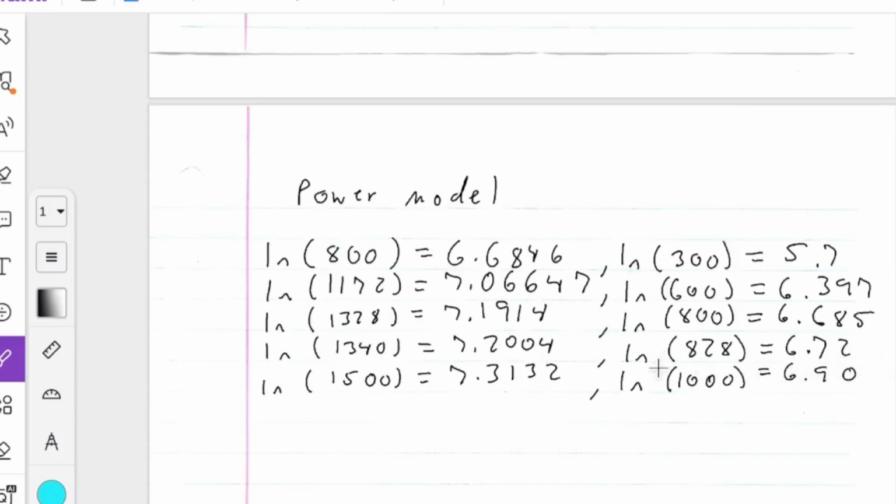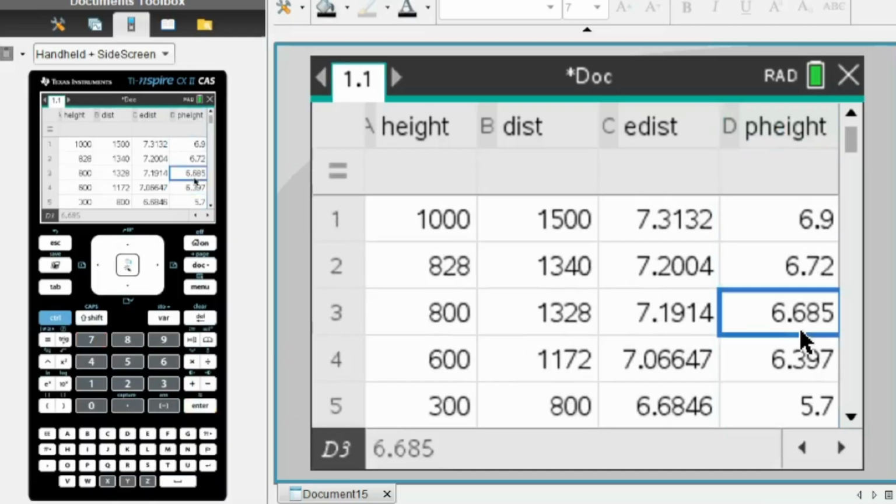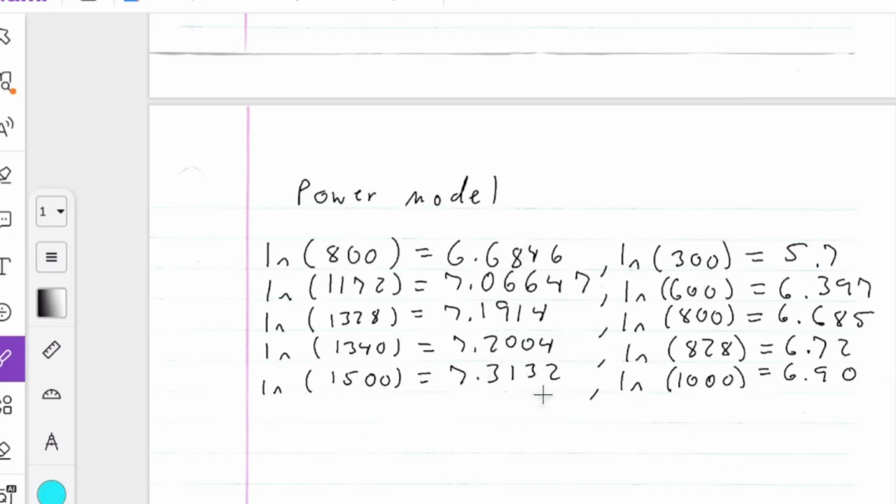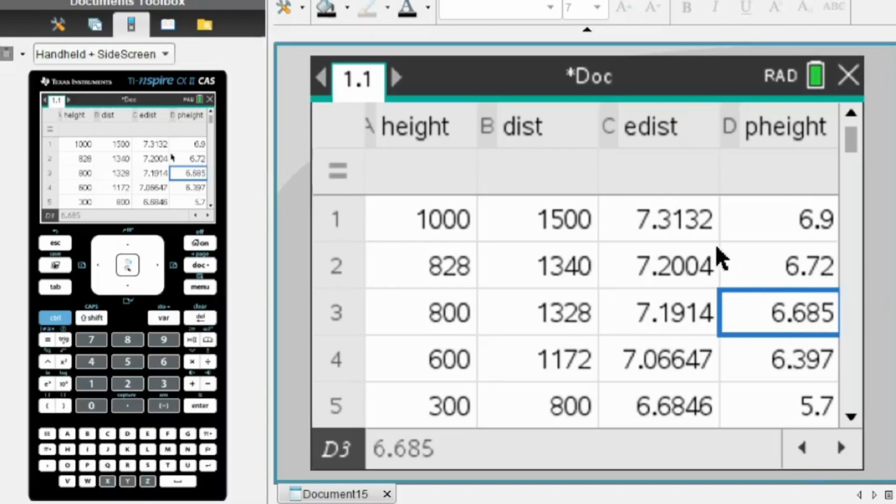Okay, so now these are our y values, natural log, and our x values, natural log, right? All right, so now you can see I put p height for power, right? So remember the e-distance, right, are these values here, and then the p heights are these guys here. So now I want to do a regression among these two for that power model.